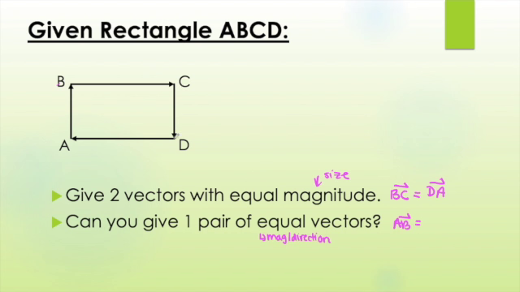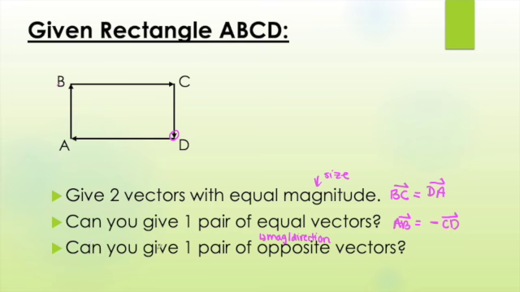But is this arrow going the same way as this arrow? No. So we're actually going to have to write it as negative CD, because remember that negative is going to be your opposite vector. Because of the arrowhead being the opposite way, you just have to write it backwards, so that now you know that it is CD, but going this way.